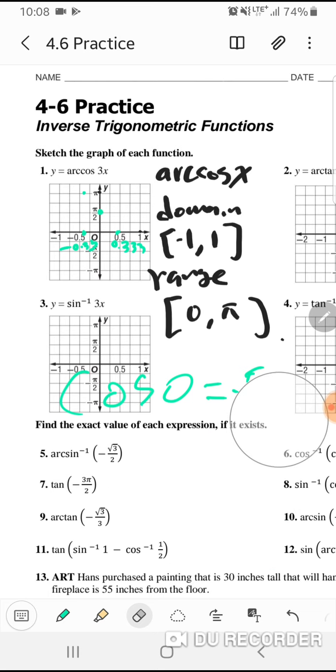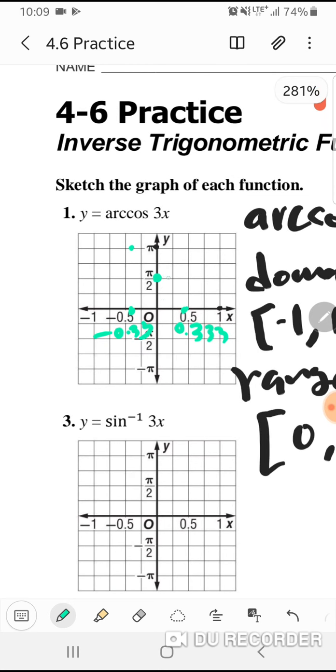So what would be our 0 as x would be pi over 2 here. So we'll have something like that as our graph here.